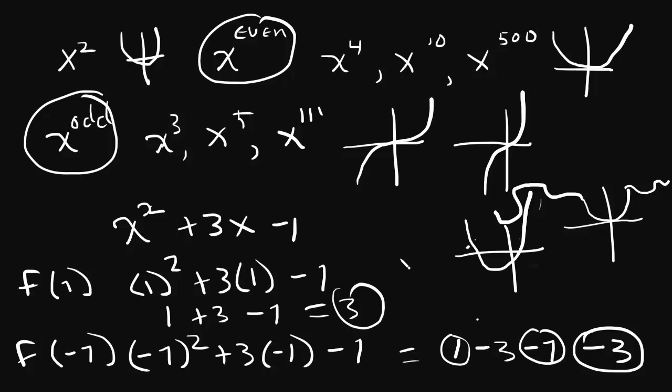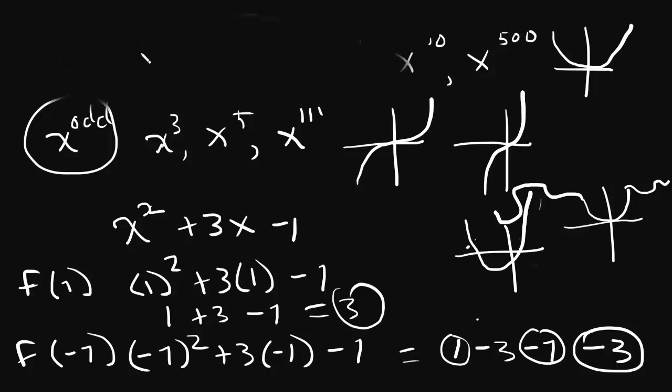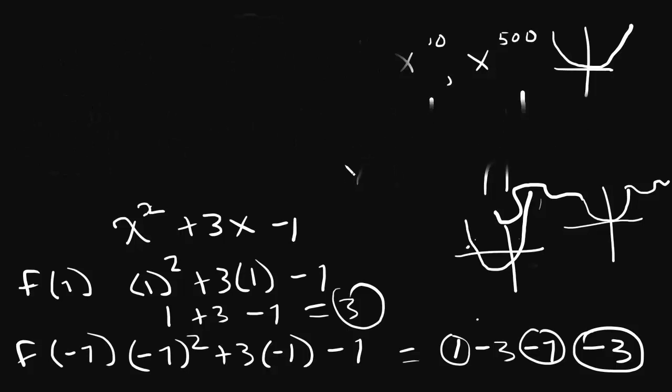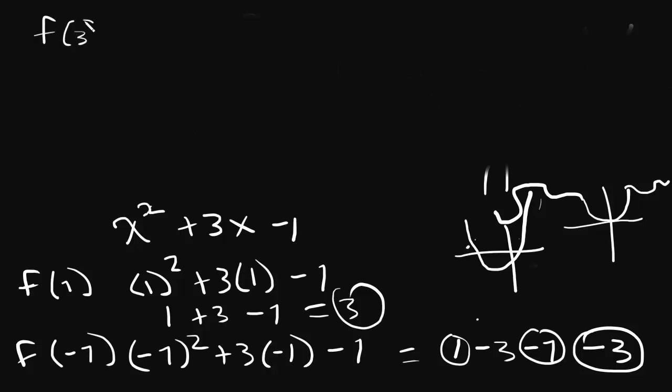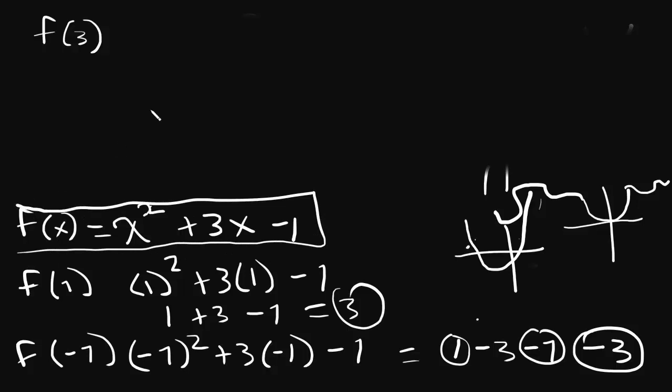Is that really true? Well, let's try something a little bit bigger. Actually, let's clean this screen off a little bit so we can see what we're really playing with here. Let's try another number. Let's try f at 3. This is still our function, f of x is equal to x squared plus 3x minus 1.